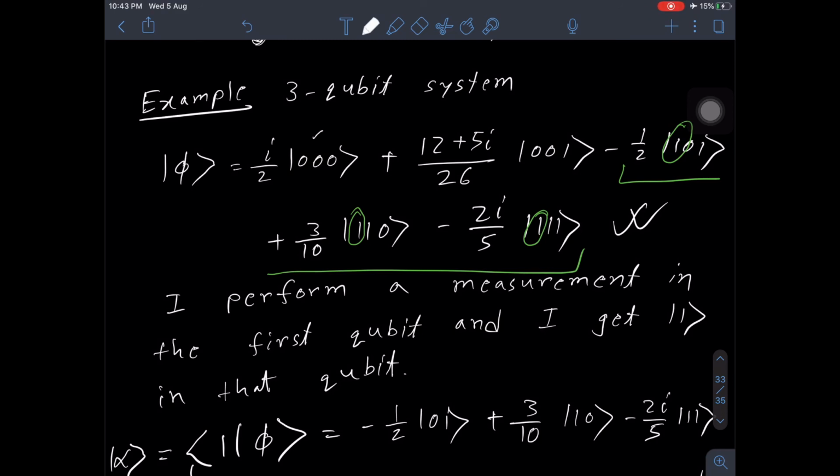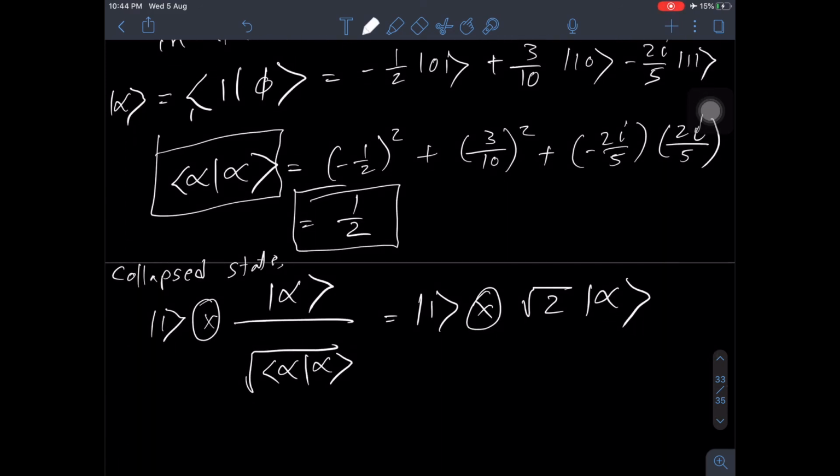You take those three elements, remove that 0, and write whatever you have left. The inner product of that vector with itself will be the probability of getting 0 in the second qubit, and your new state will be normalized in this way.